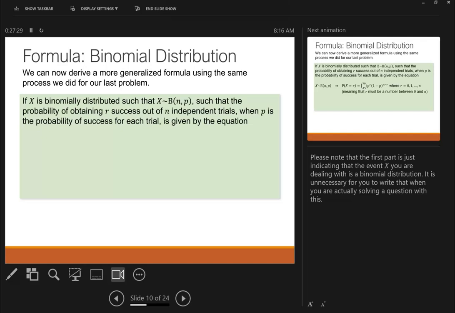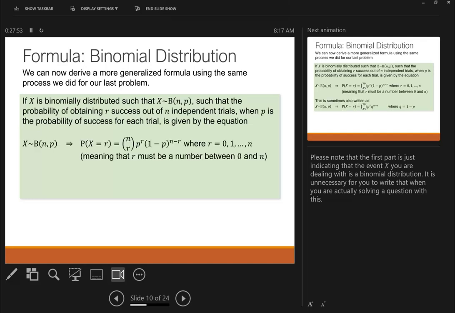So if x is binomially distributed, that's a hard word to say, such that x is B(n, p), then the probability of obtaining r successes out of n independent trials, when p is the probability of success for each trial, is given by the equation P(X = r) is n choose r times p to the r times 1 minus p to the n minus r, where r is just some integer between 0 and n.